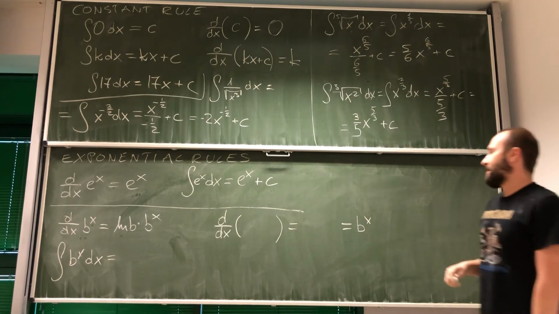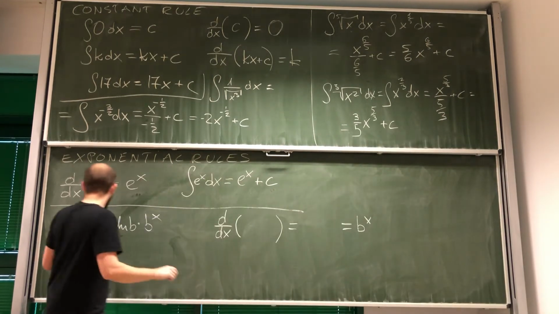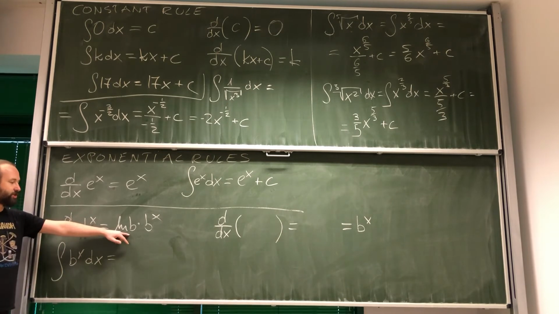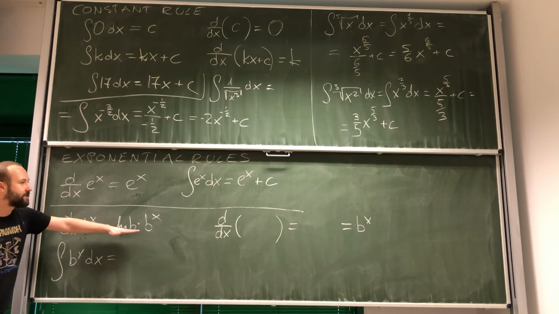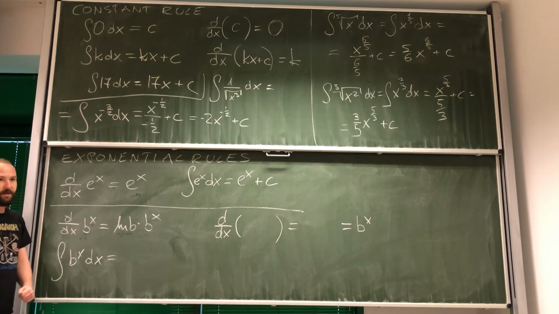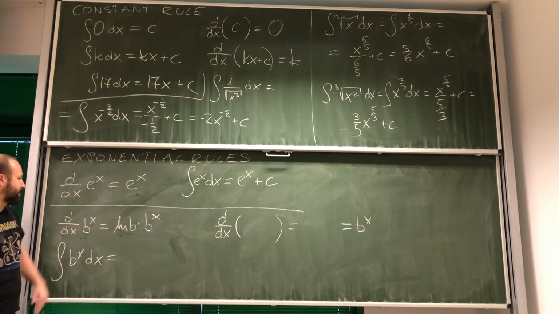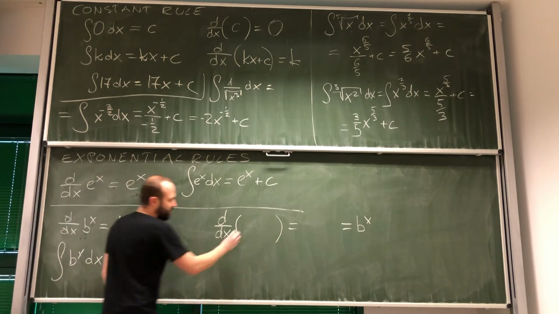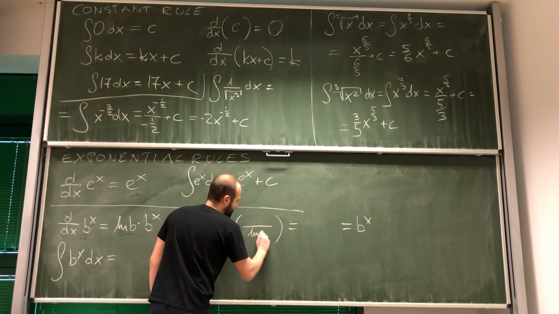Okay, and look, here, the new thing that appears during differentiation is ln b. And this is what we want to get rid of. So if here I'm multiplying by ln b, how about here I divide by ln b?